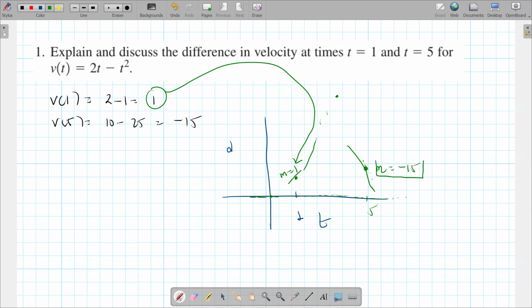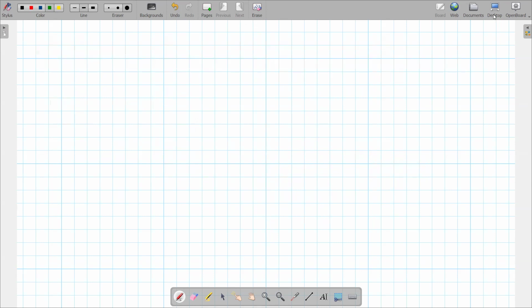Are we going away from the ground or towards the ground? Towards. Towards the ground, and that's the difference between a positive velocity and a negative velocity. You can think of negative velocity as going back towards something, whereas a positive velocity is going away from something, usually the x-axis.